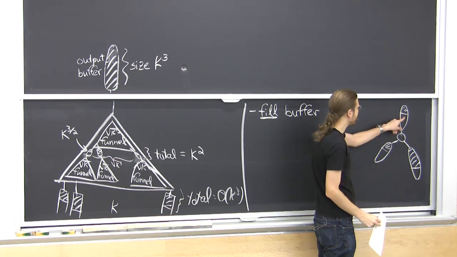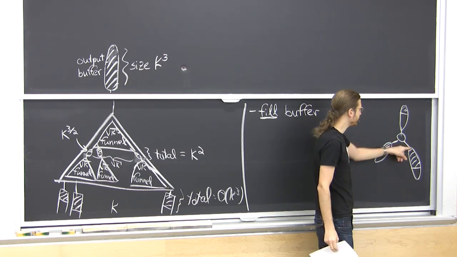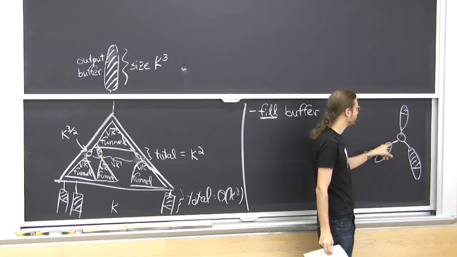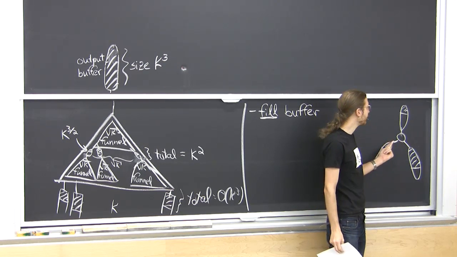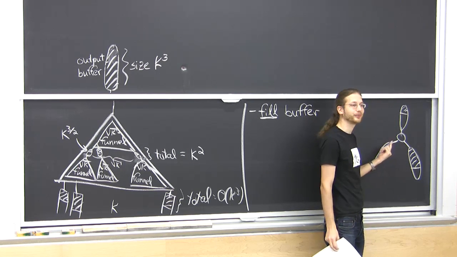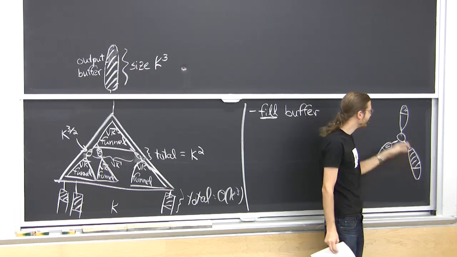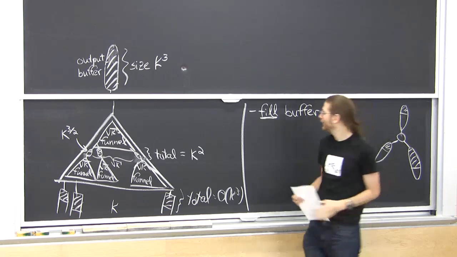Okay, so how do I fill this thing? I just read the first item, the smallest item, for each of these, compare them. Whichever's smaller, I stick it here. It's just a regular binary merge, which is kind of cool. You've got two arrays, you want to merge them, and stick the results here. So that's how we do fill.